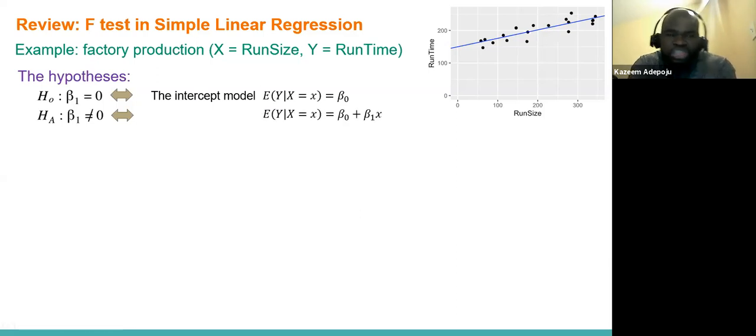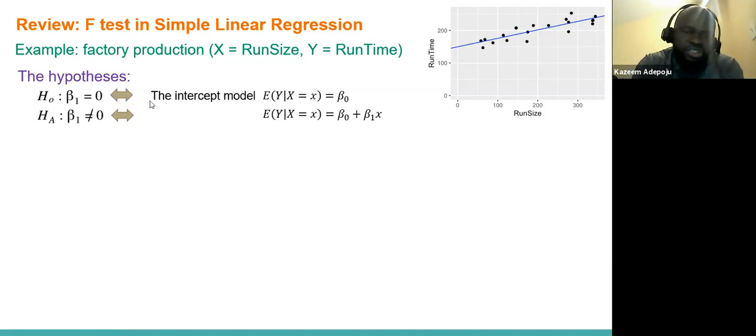But in a situation where beta 1 is significantly different from 0, if we want to figure out the average of the response given the predictor, which is a random variable, we're going to have a different result.